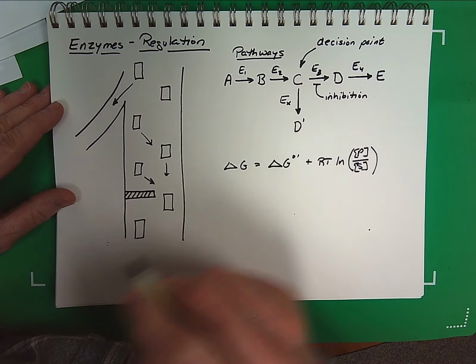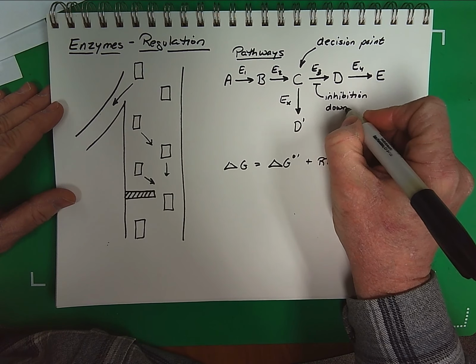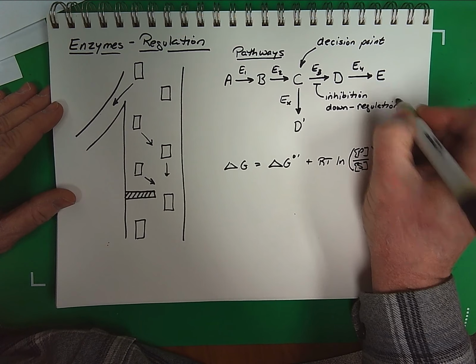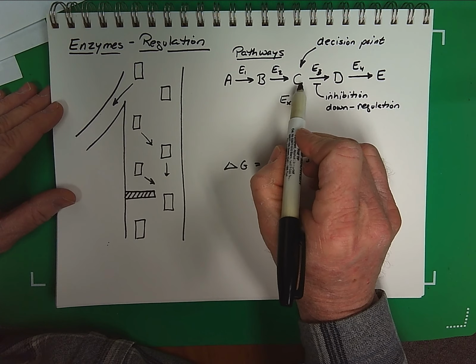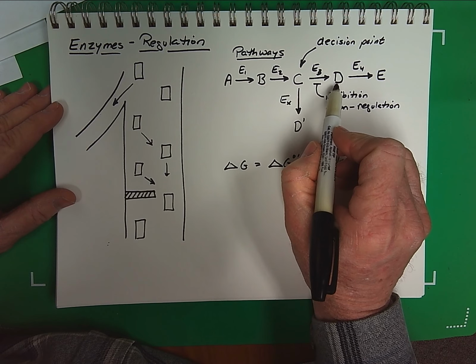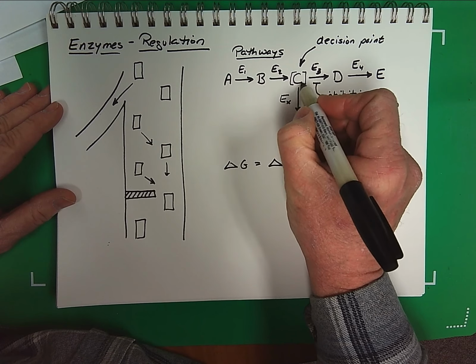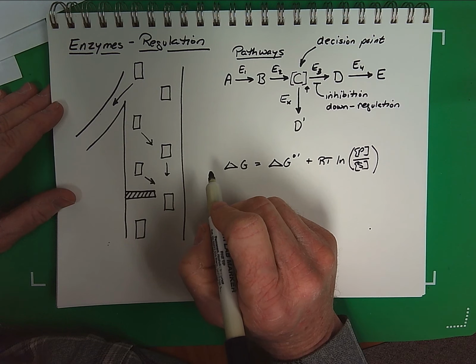Inhibit means regulation, so this is a down regulation event. If that occurs, the conversion of substrate C into product D is going to slow. That means that under these conditions, our concentration of substrate C is going to increase.